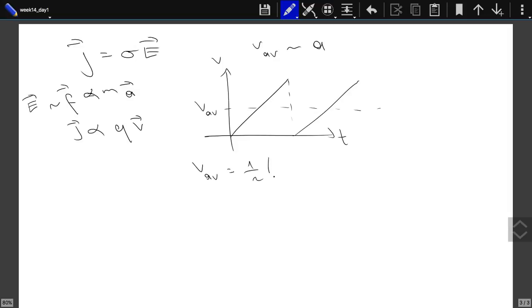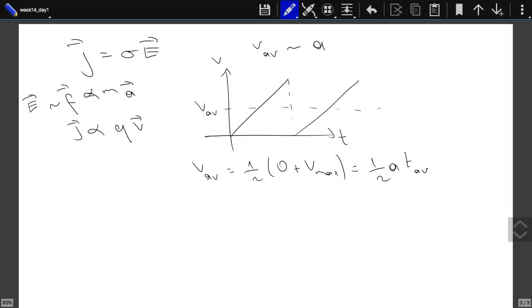This is 1/2 times 0 plus the maximum speed, more or less. And this is 1/2 times your acceleration times, let's say, the average time between your two stops, or in the case of the electron, the average time between two collisions.